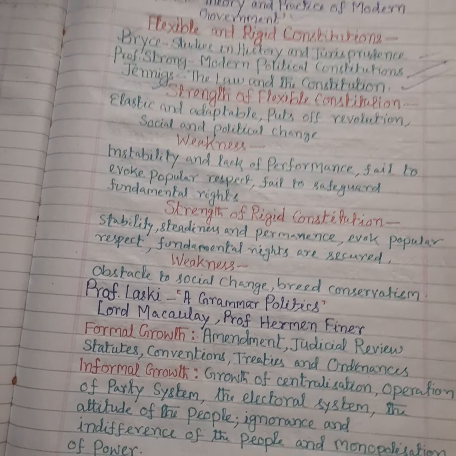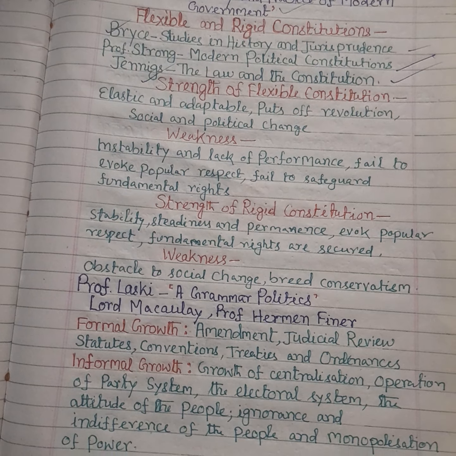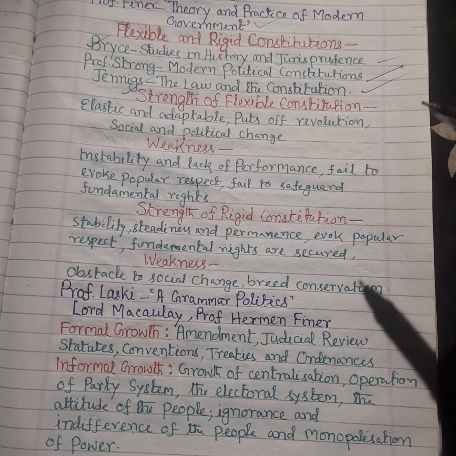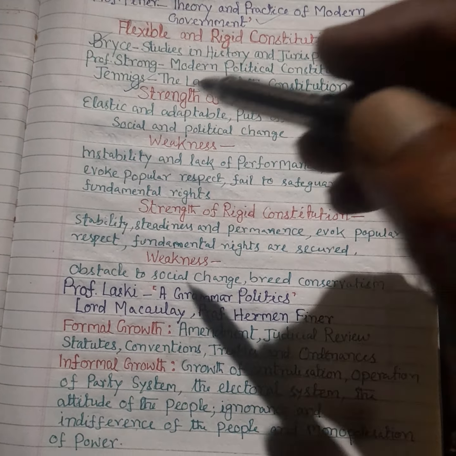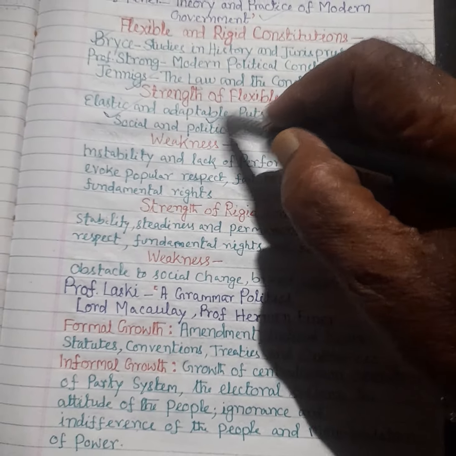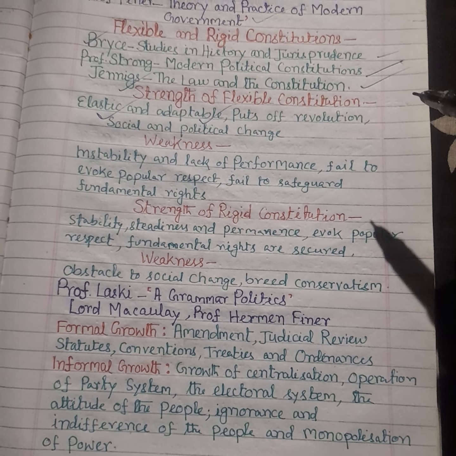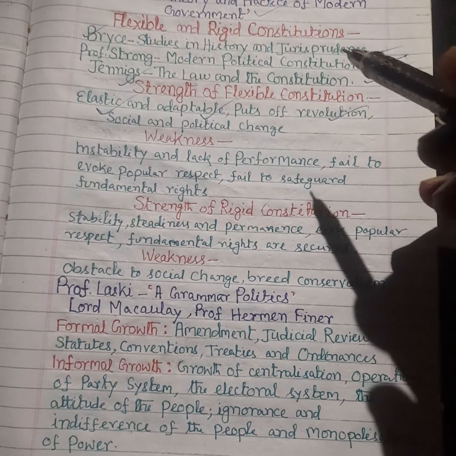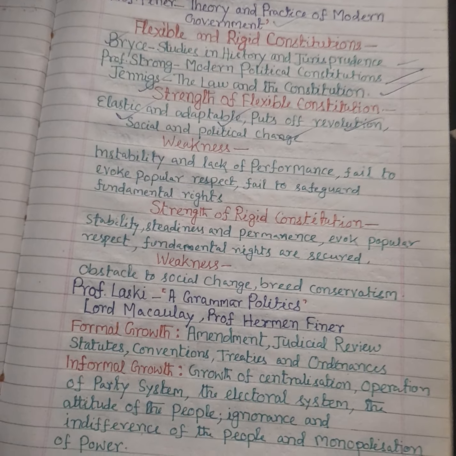In that regard, we would like to discuss certain strengths of the flexible constitution. It is elastic in nature and adaptable to every situation, it puts off any kind of revolution, and it makes possible social and political change.